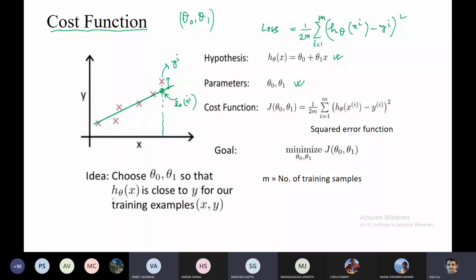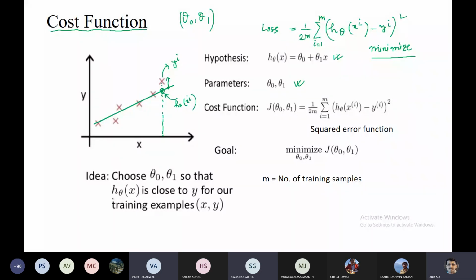And what is our job? To minimize this cost function. What do we mean by minimize? If we minimize this cost function, then the line is going to be very, very close to these points.